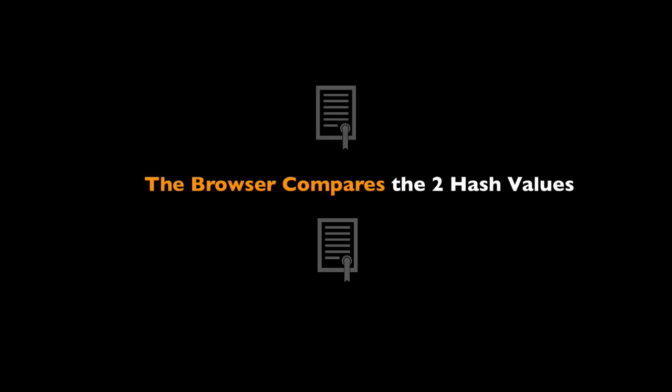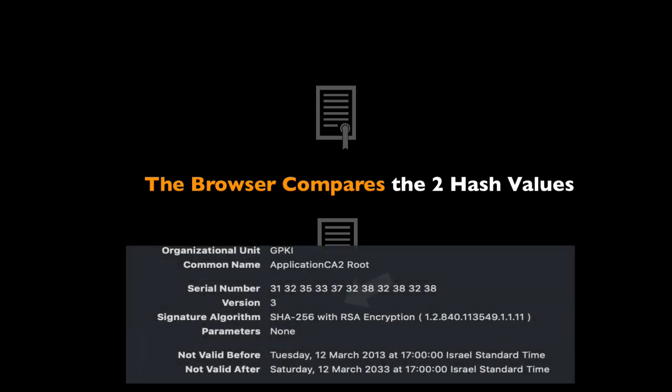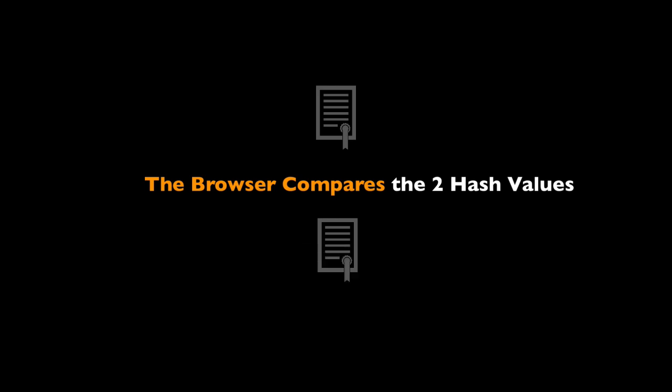It then takes the digital certificate, the original one, and hashes it using the same hash algorithm that was used by the CA. The type of the algorithm is also present on the certificate itself. We can see it right here. If both hash values are the same, then we have proof that the entity who sent the certificate is the one who it claims to be.